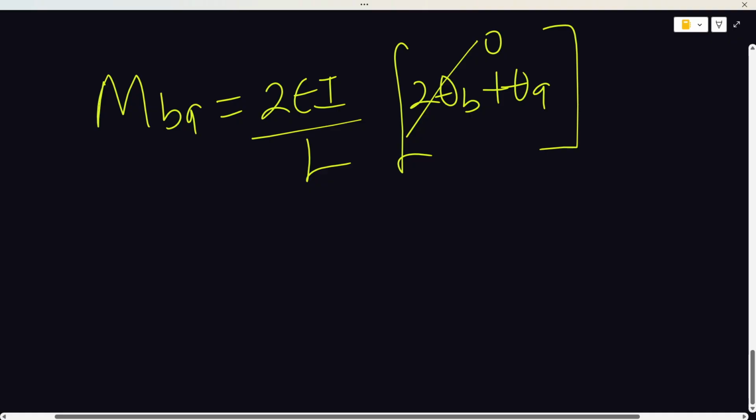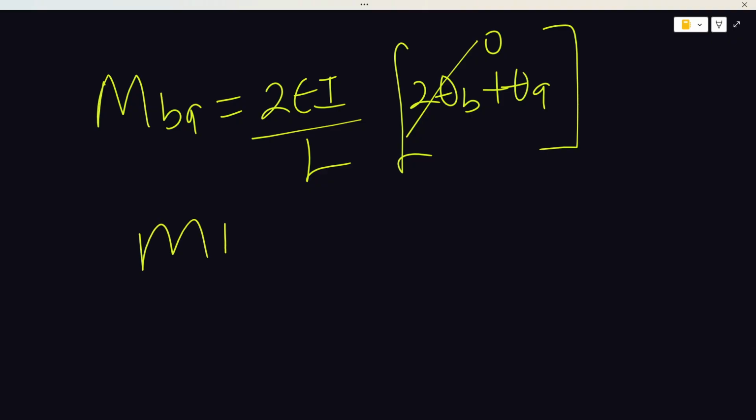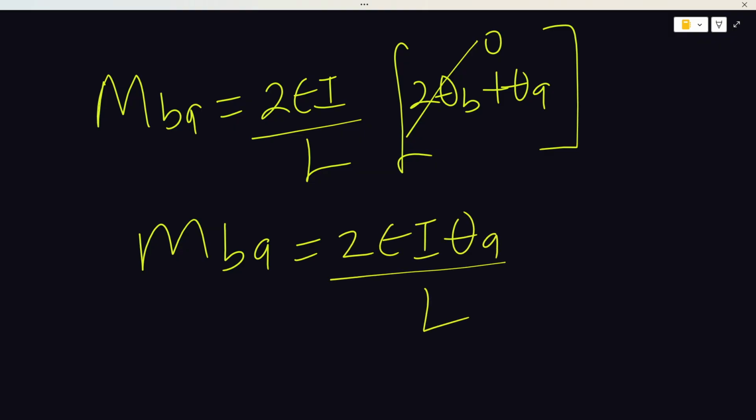It will make sense. Yes, so we have MBA to be equal to 2EI theta A over L.